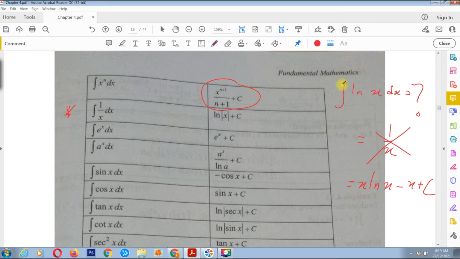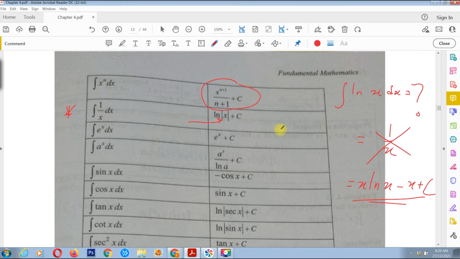Remember, if you integrate ln x, the answer is not as easy as when you differentiate, which gives 1 over x. Actually this is done by parts, and later we will learn how to use integration by parts. But if we integrate 1 over x, we will get ln x.